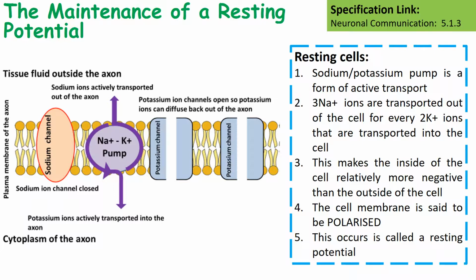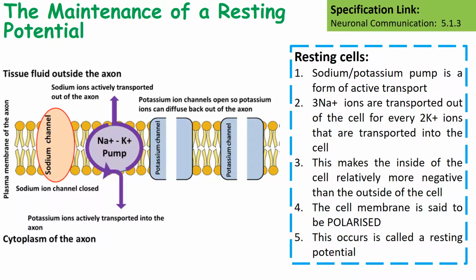To get back to a resting state, the sodium-potassium pump, a form of active transport, actively transports sodium ions out of the axon, back into the fluid surrounding it, and potassium ions from the fluid outside of it back into the cytoplasm of the axon.